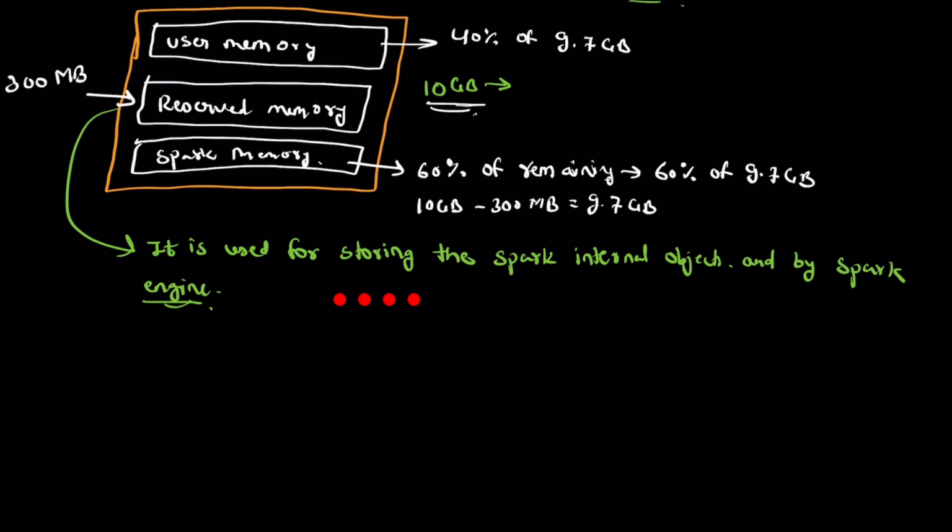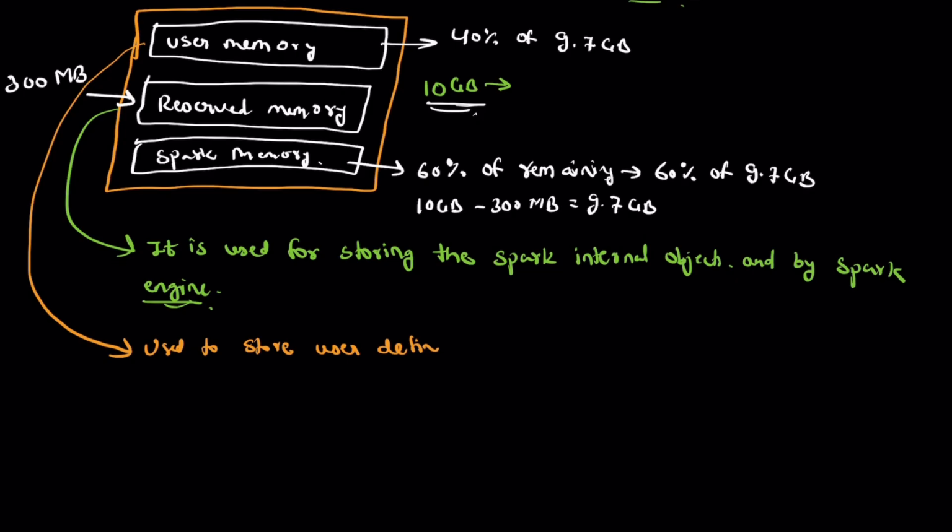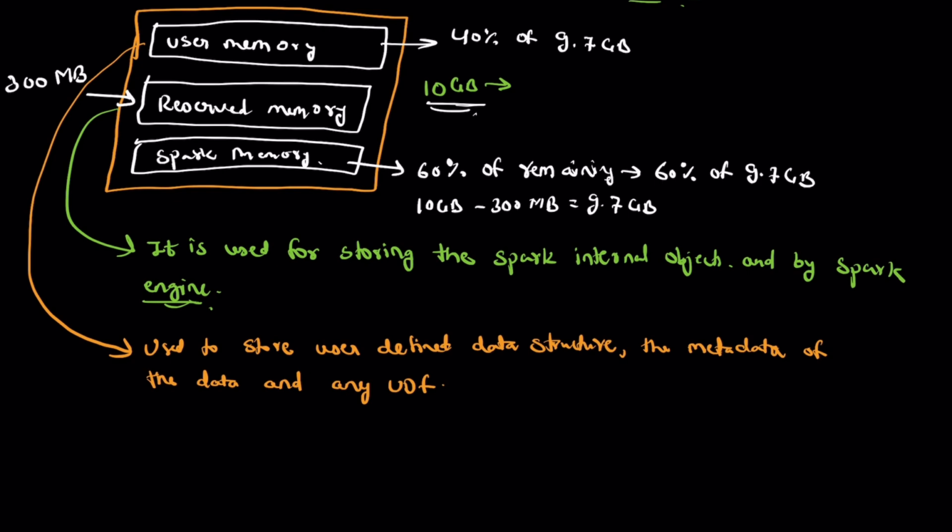Now let's see what is the usage of user memory. User memory is used to store user-defined data structures, the metadata of the data, and any UDF which is created by the user.